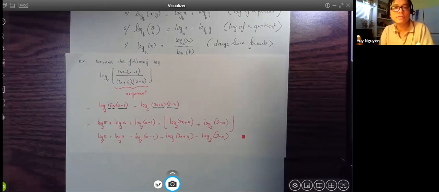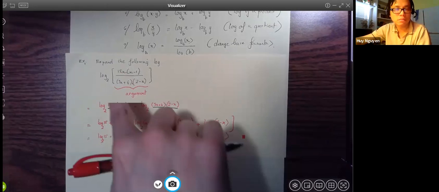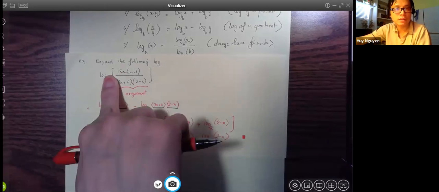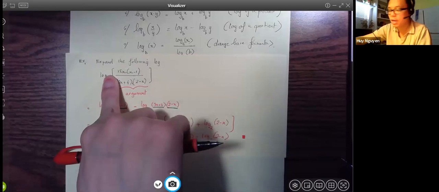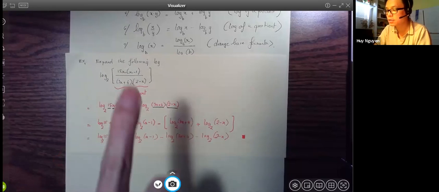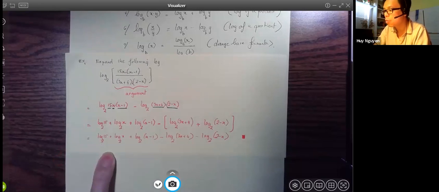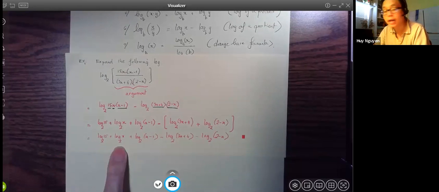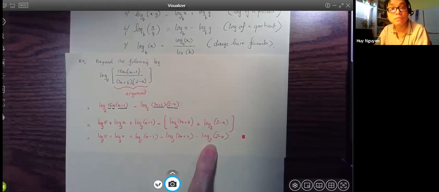So I just successfully expanded one log. The original question has only one log. The final answer contains how many logs here? 1, 2, 3, 4, 5. So everybody can see that.